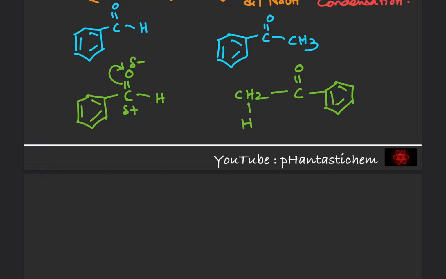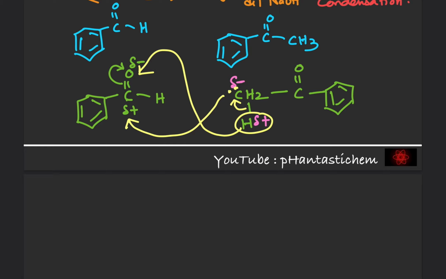Alpha hydrogens can be lost, therefore there is a positive charge here, and this carbon will have a partial negative charge. Obviously this hydrogen will be extracted by this oxygen, and this carbon will take away these electron pairs, and these lone pairs will attack this carbon which bears a partial positive charge.